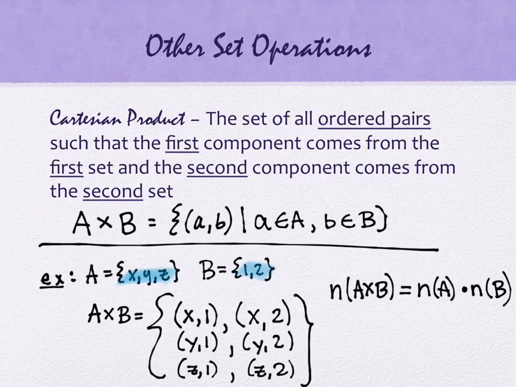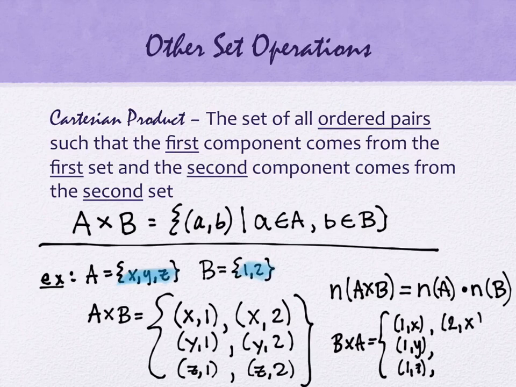If we had done these in reverse order, B cross A, what would we have gotten instead? We would have gotten 1X and 1Y and 1Z. And what else? 2X, 2Y. Yeah.